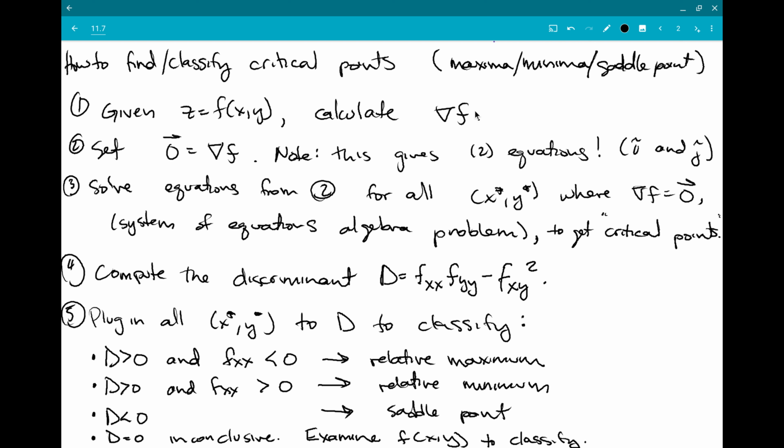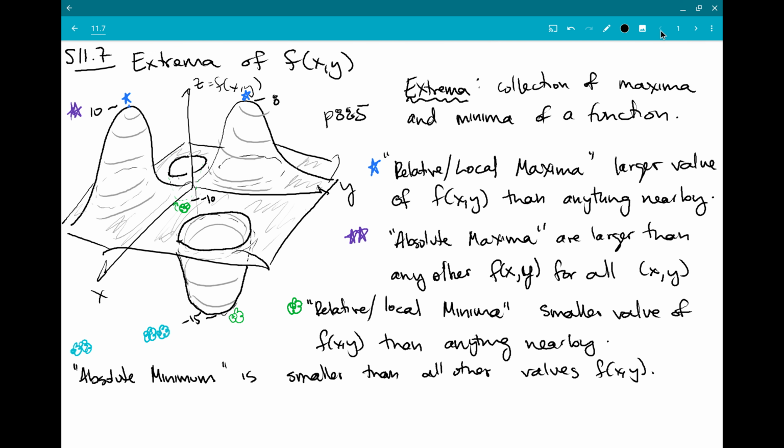Real quick, I want to go back to this picture so that you know what a saddle point is. An example of a saddle point is right here, at the origin. And I made a little triangle shape to try and denote that. It might look a little too similar to a star if I don't shade it in. All right.